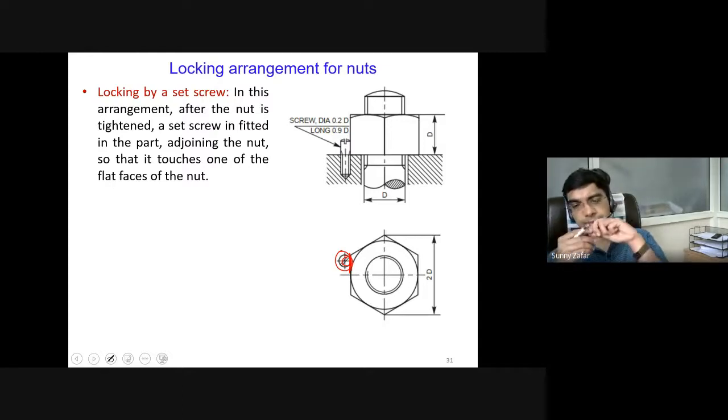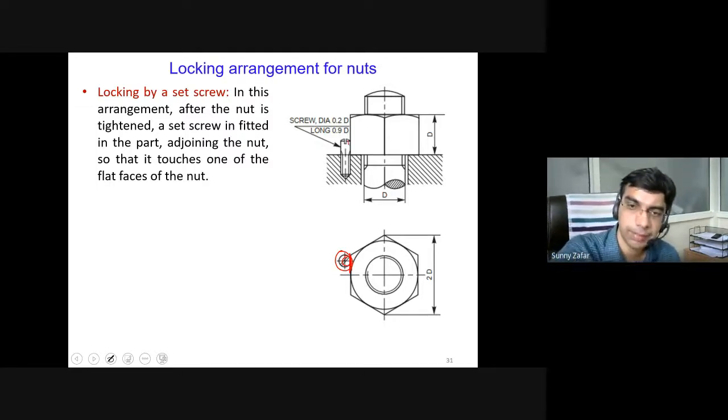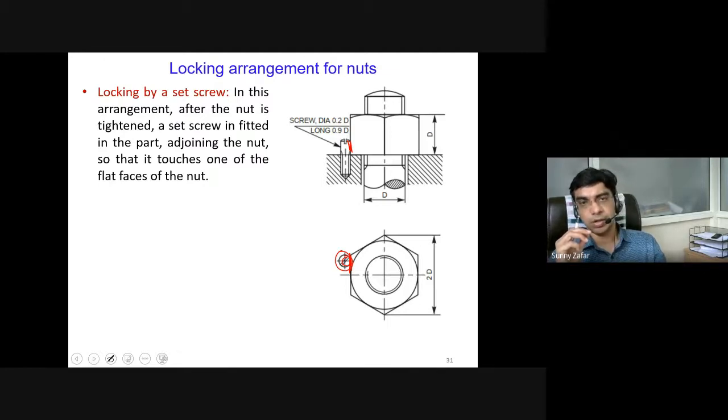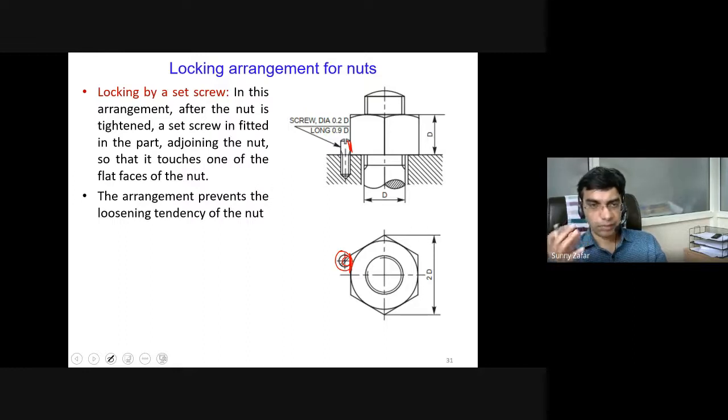When you tighten it up, since it comes in physical contact with the nut, it will avoid the opening up because of the friction between both. So it will minimize the chances of loosening this nut from the top of the stud or the bolt. This is known as the set screw arrangement to lock the nuts, and it will minimize the tendency of loosening.